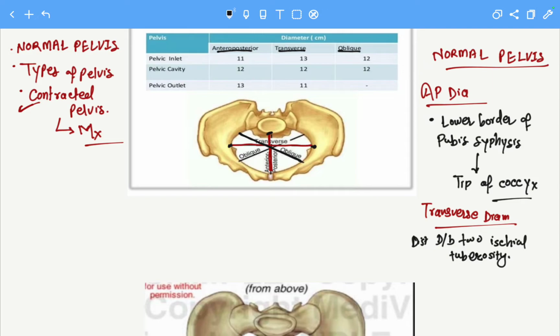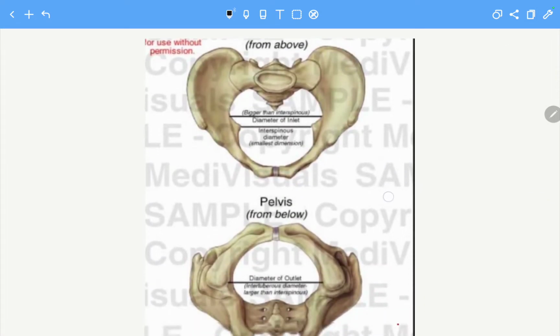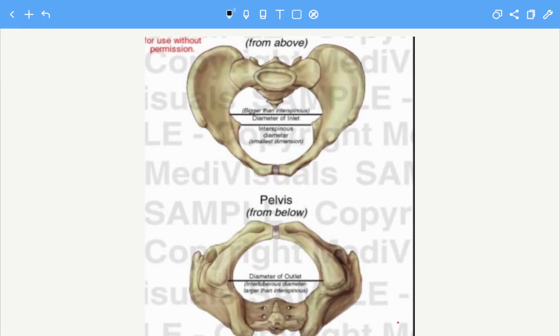We will remember all these three diameters in three regions: one for the inlet, the second for the cavity, and the third for the outlet. What is inlet and outlet here? If we look at the pelvis from above, suppose your eye is here and you are looking from here, the first thing you see is the inlet.